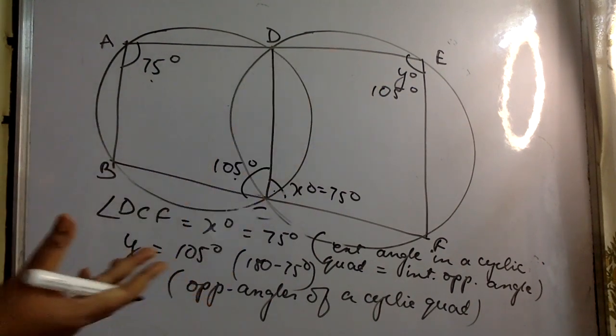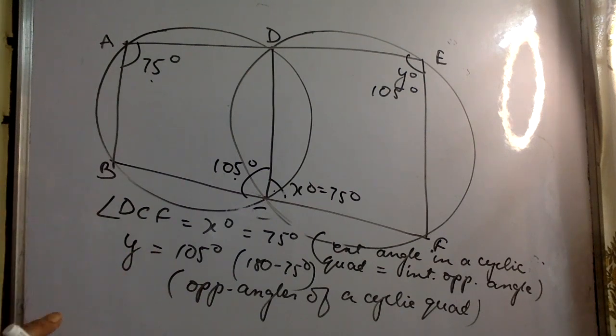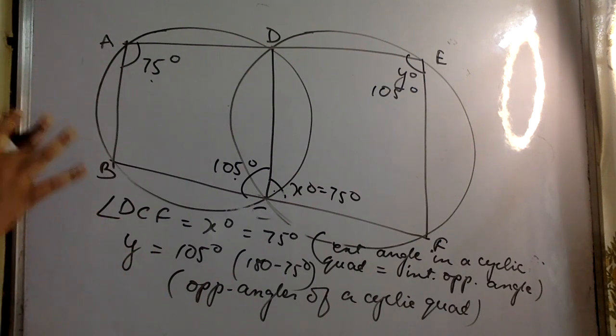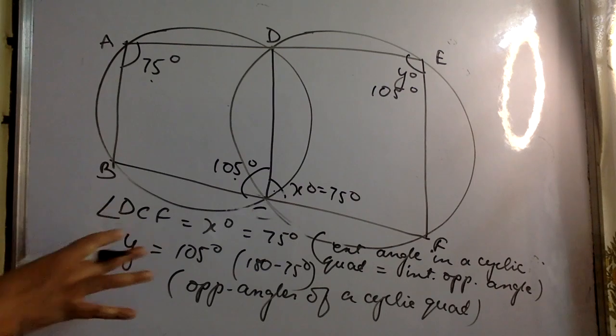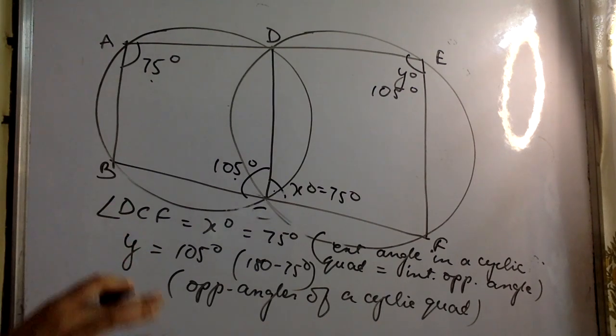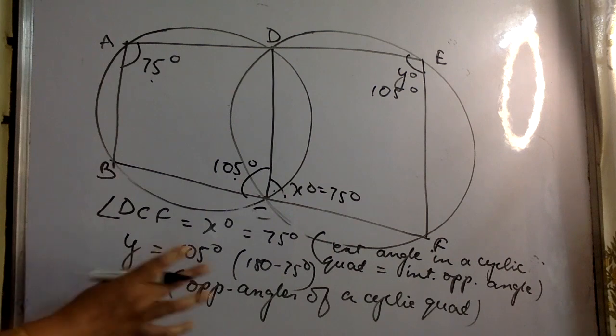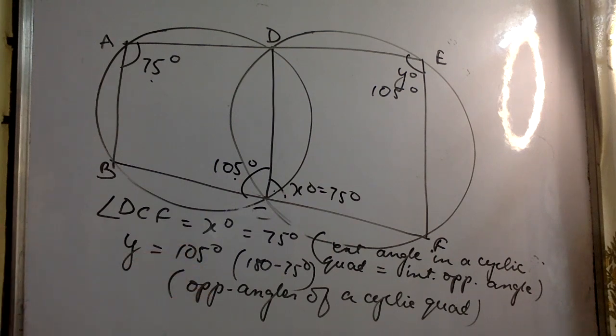Hence, Y is equal to 105. So with just 2 steps, we complete this sum. This sum can come for about 3 marks in the exam. So this is it. Y is equal to 105. So we got all the required angles of this figure.